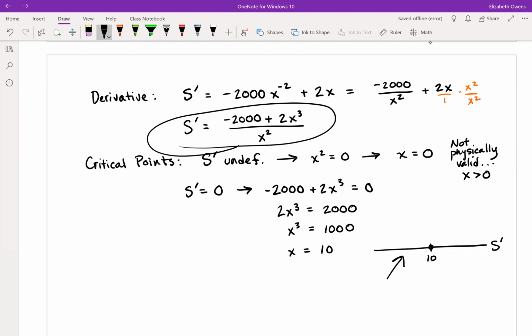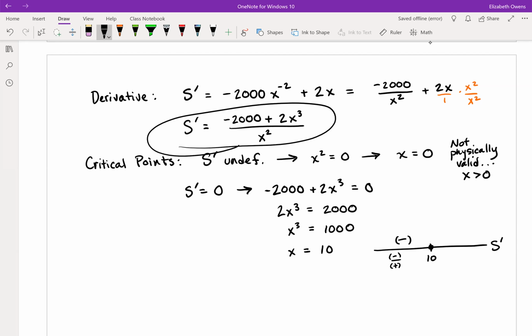I might think of the number 1. So if I'm thinking about x equals 1, negative 2000 plus 2 divided by 1 is going to be negative 1998. So that would be definite negative over positive, giving us a negative result for the first derivative there.